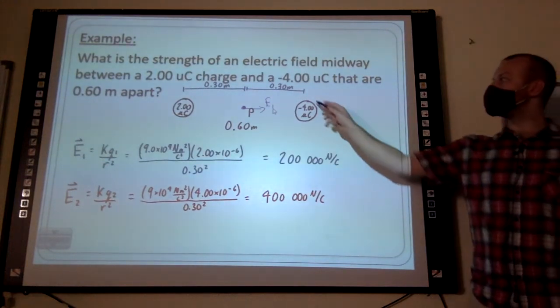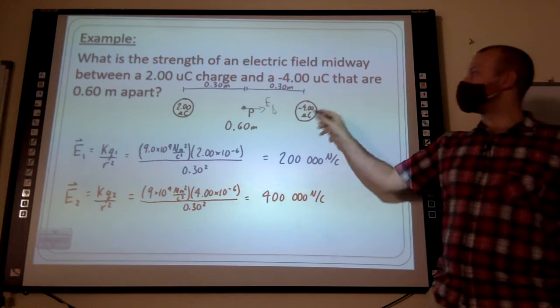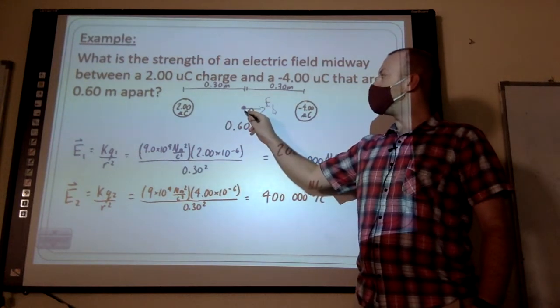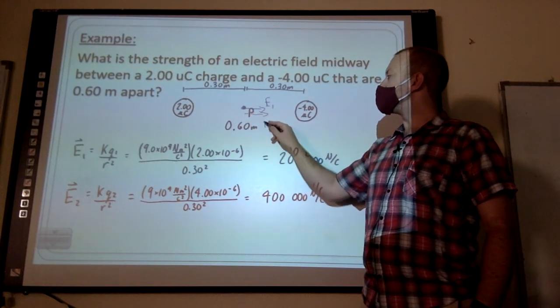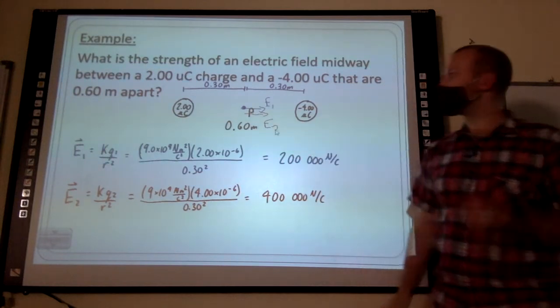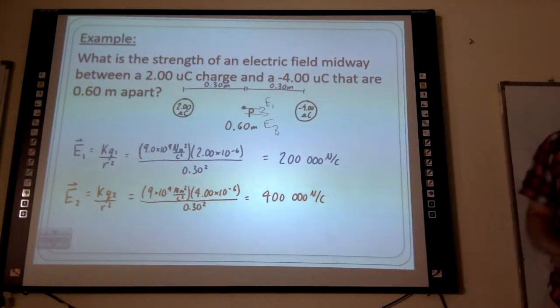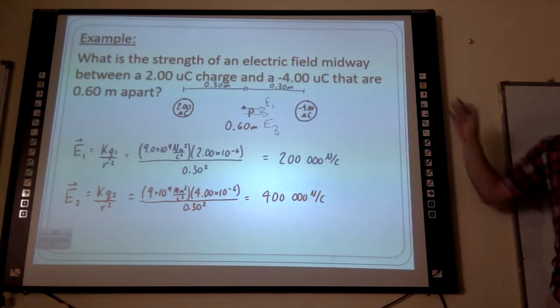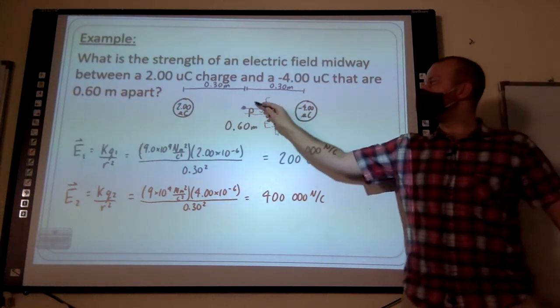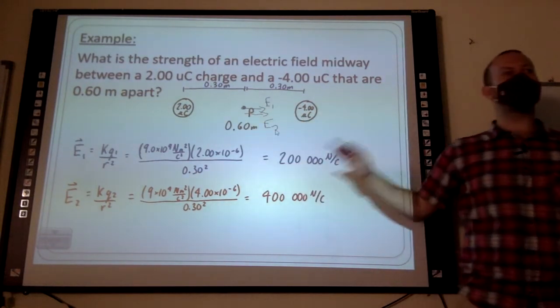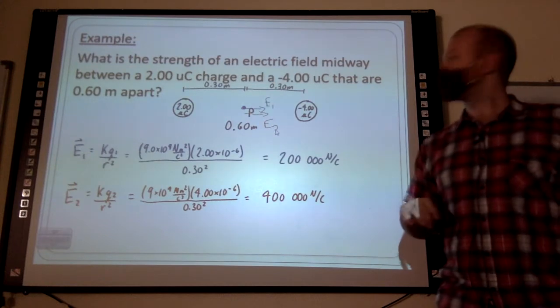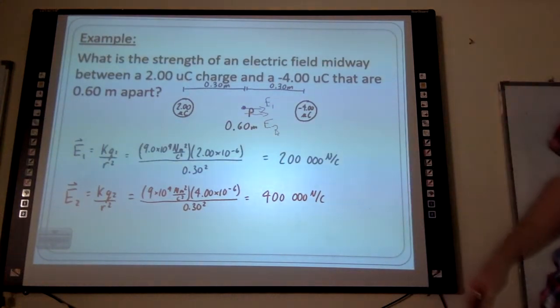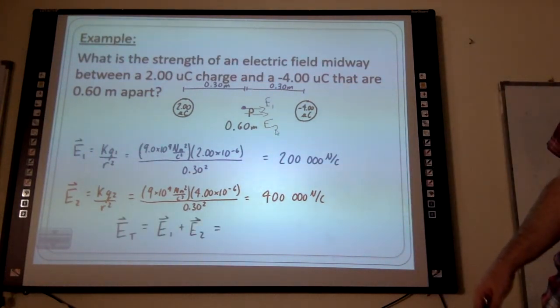Same direction, because this one's negative, right? Because it is negative, my positive charge here is going to be pushing this way. So they're both going in the same direction. So there's where the negative comes into play. The negative tells me, do I add these? Do I subtract them? What do I do? So in this case, I'm going to add them together.